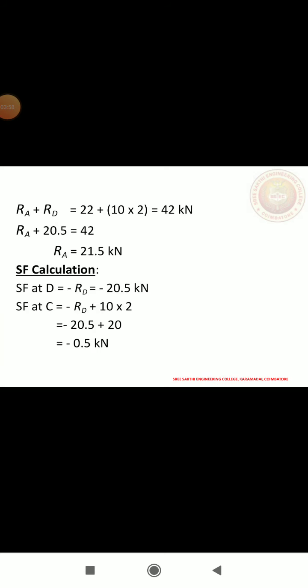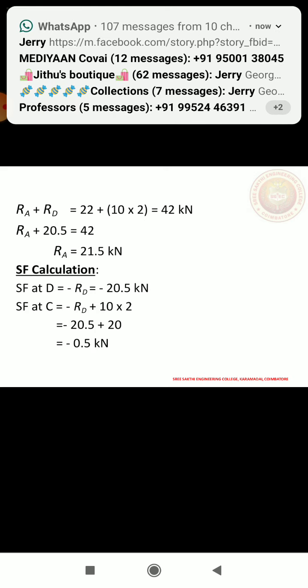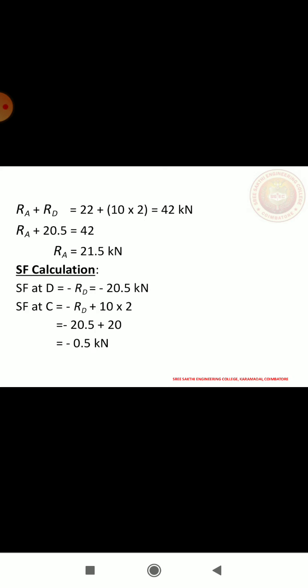So after finding the reactions at both ends, we have to calculate the value for shear force. So what is shear force? It is the force in the beam acting perpendicular to its longitudinal axis. We know that the axial force is the force acting parallel to its longitudinal axis.